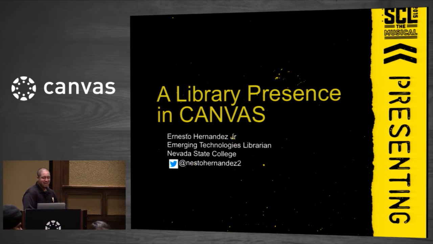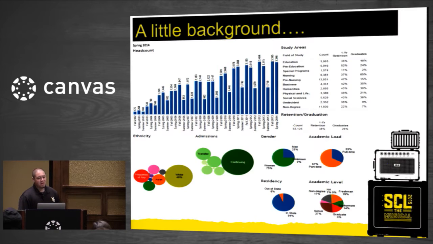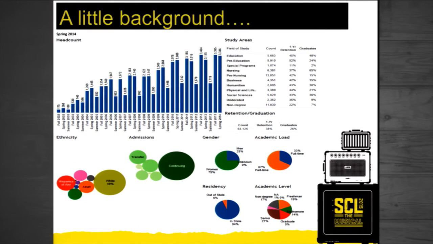Great. Awesome. Okay. So a little background about Nevada State College. We are a fairly new state school. We're kind of in a unique position. There aren't too many state institutions that are fairly new and upcoming. We're about 13 years old. We have an FTE of around 3,500 students.